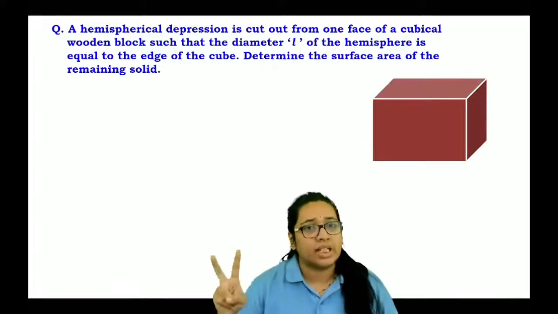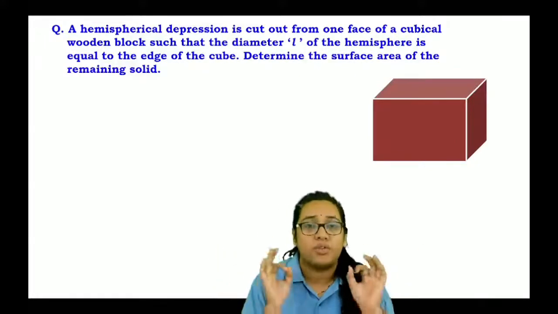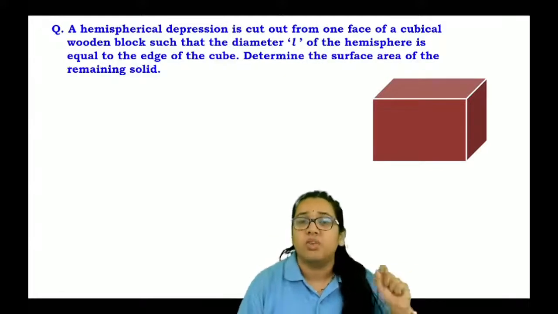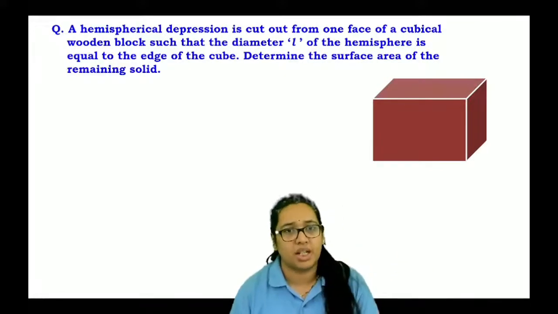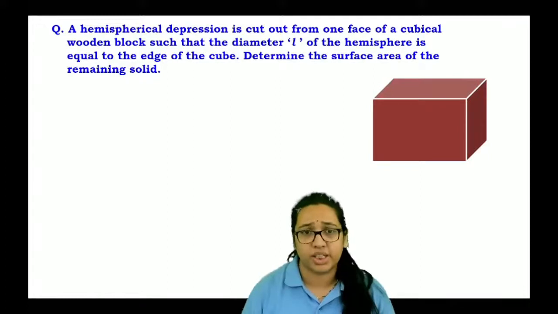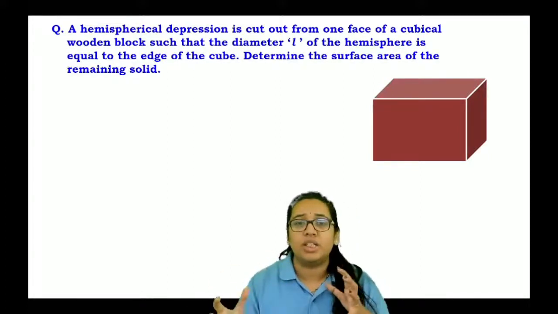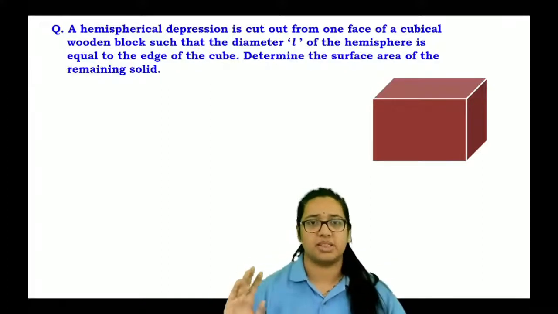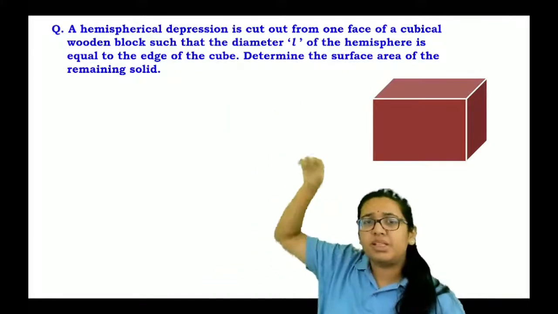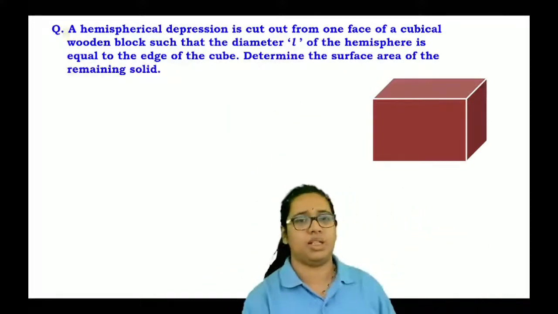First thing. Second thing, whenever you have to find out surface area, we just have to check how many sides of the whole solid will get covered. Something like this. Okay. So determine the surface area of the remaining solid.